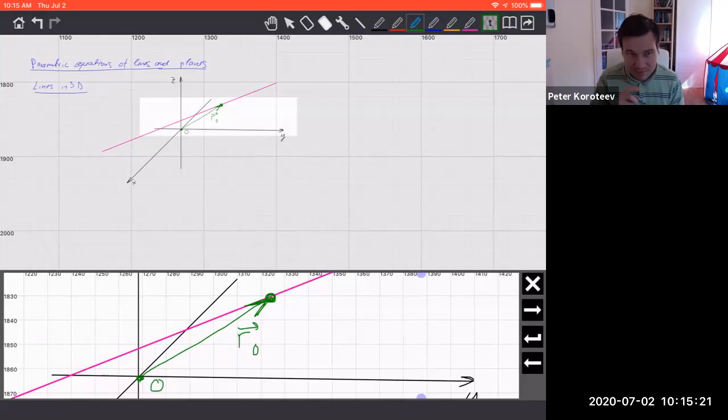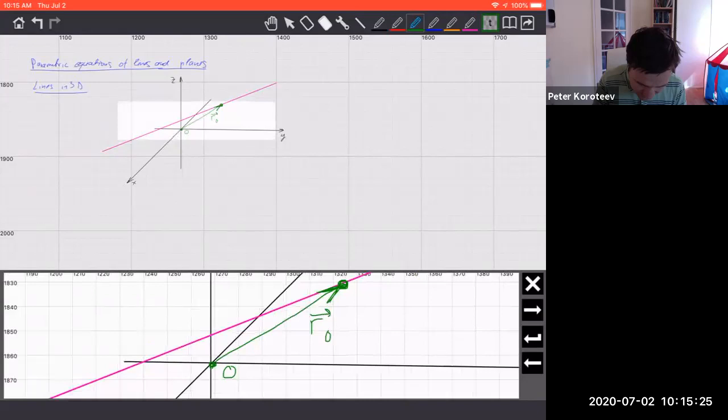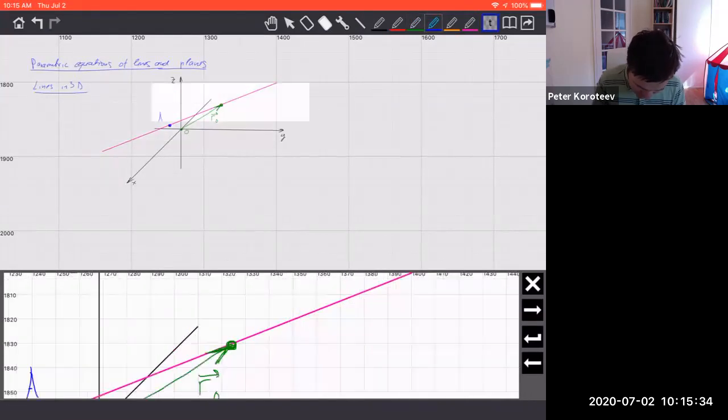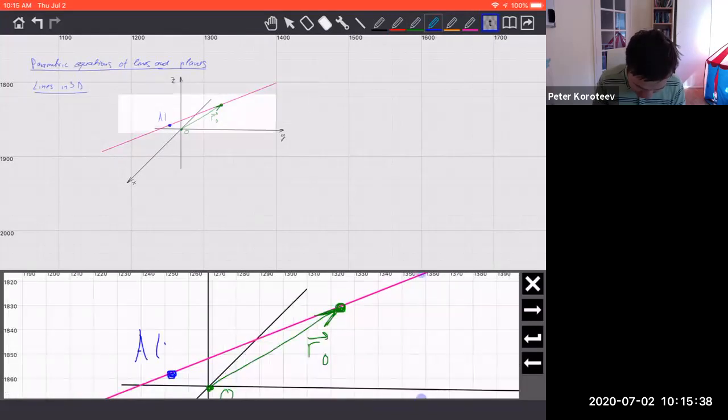Again, it can be chosen absolutely arbitrarily. There is absolutely no reason to favor one point as opposed to another. And now let's pick a point A on the line, different from the point that we have selected, and that point A has coordinates x, y, and z.